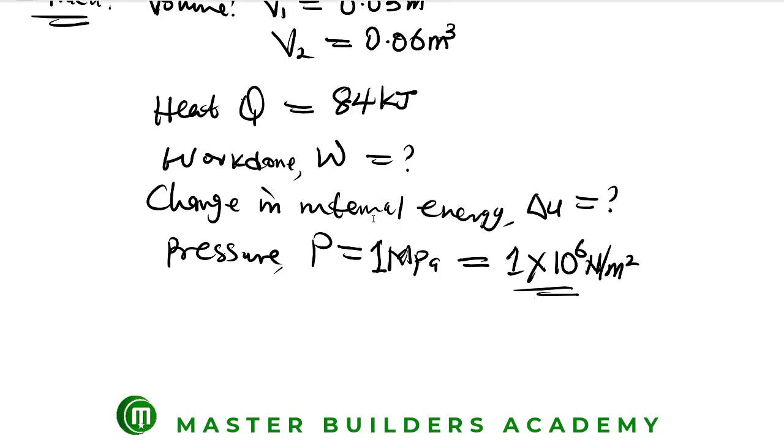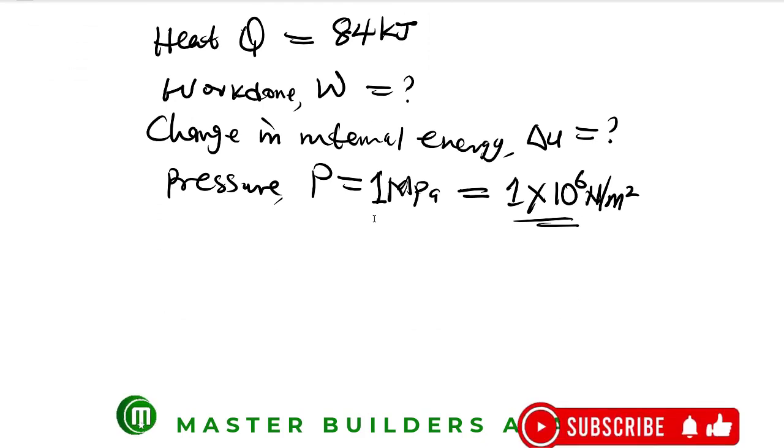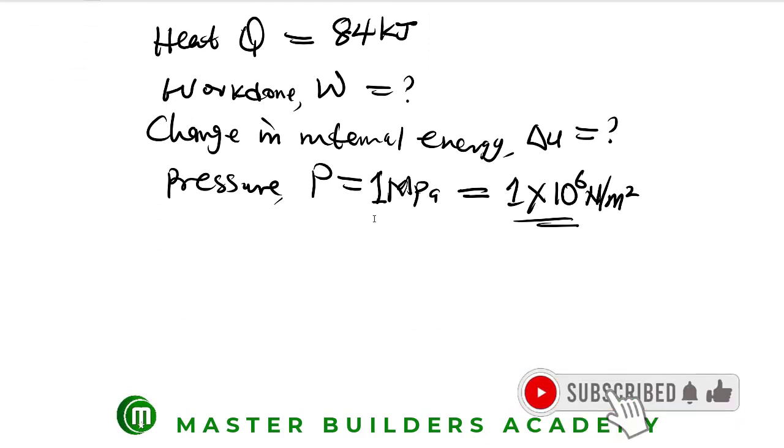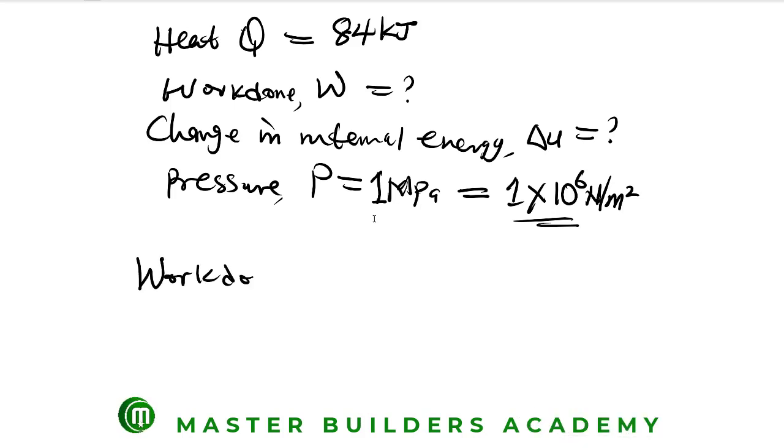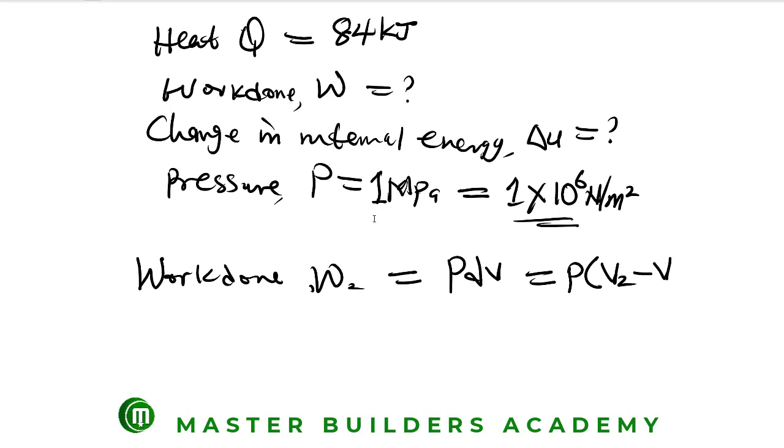In order to have this done, all you just need to do is to remember work done. Remember, in one of the videos we worked on before, we said that work done between two processes, 1 to 2, is equal to pressure multiplied by change in volume. You remember this formula: P times (V2 minus V1).